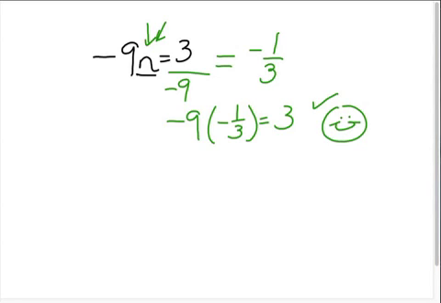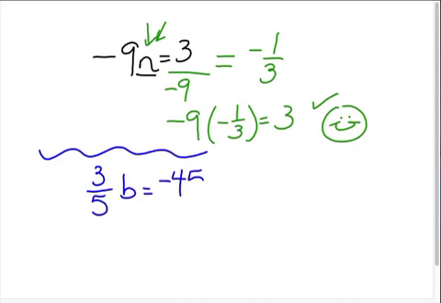Another type of problem you can have is, and I know this is everybody's favorite, fractions. You still do the same thing. We can have an example like 3/5 of b equals negative 45. We know that the inverse of addition is subtraction, the inverse of subtraction is addition, the inverse of multiplication is division, and the inverse of division is multiplication.